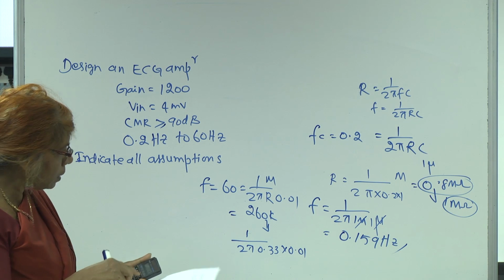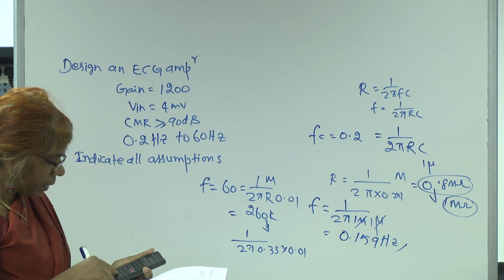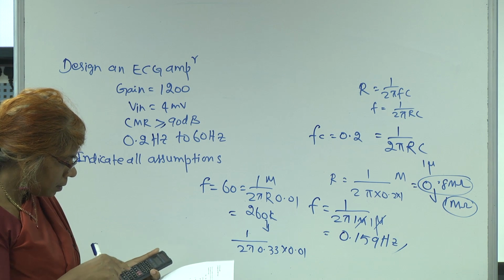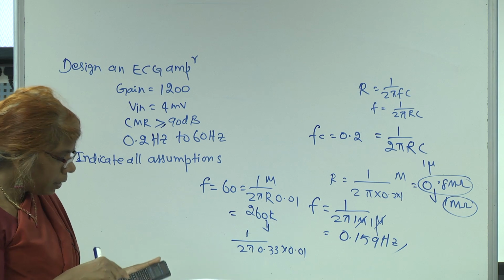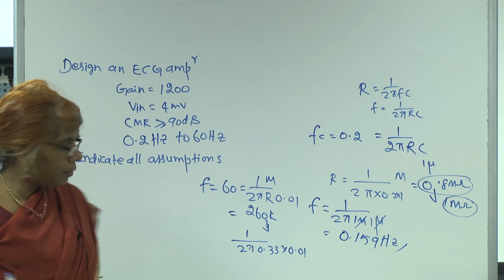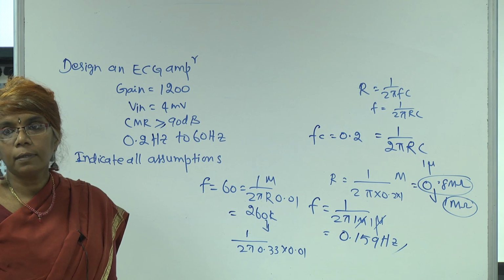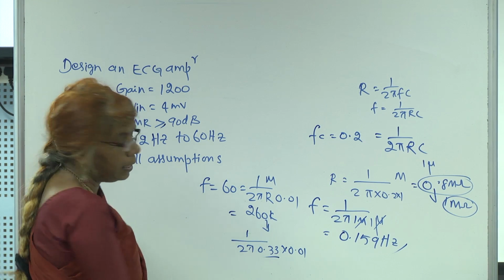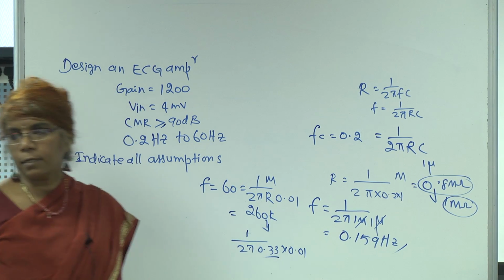So 2 times pi times 0.33 times 0.01, 48.23, that's fine. If you want to be very accurate, put a pot there. 260K, the nearest standard is 330.